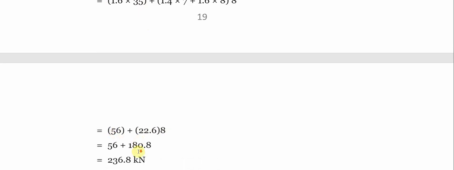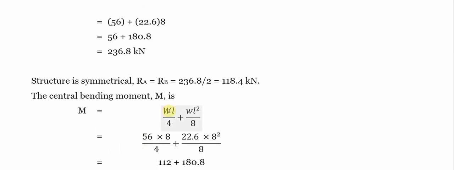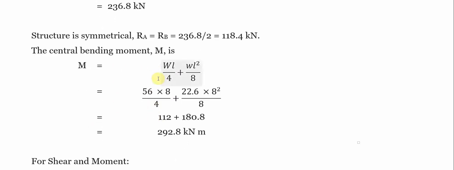Where we have W for the point load, we use this, and where we have w for the uniformly distributed load, we use this particular one. So here we calculate our central bending moment, and then we arrive at 292.8.